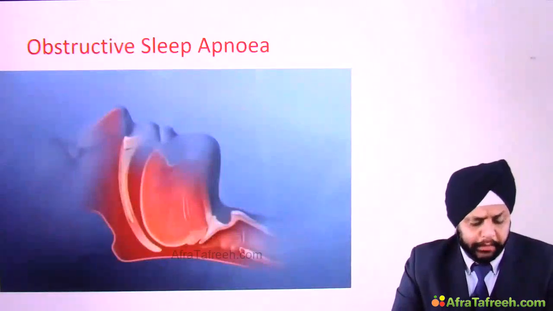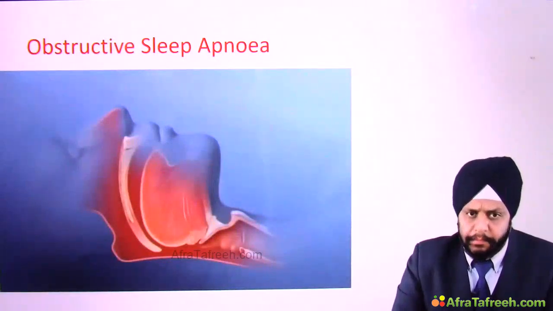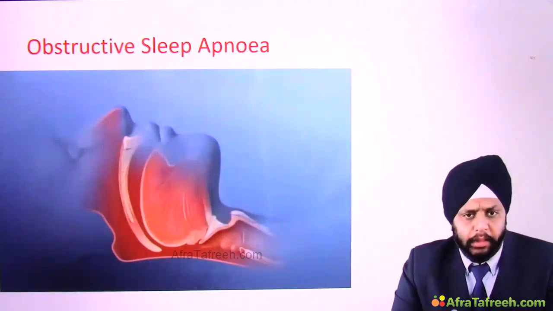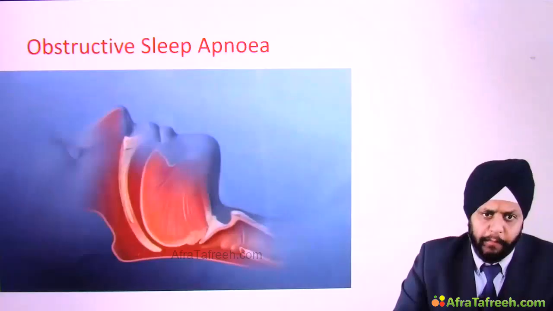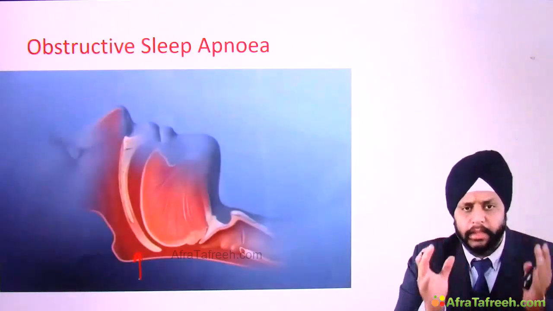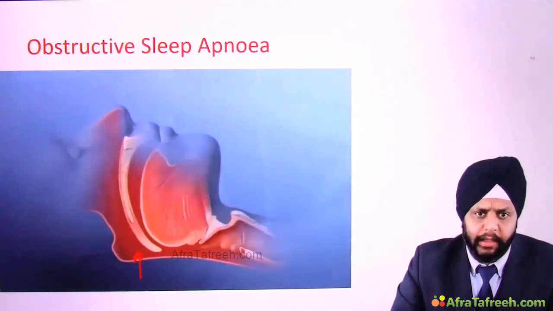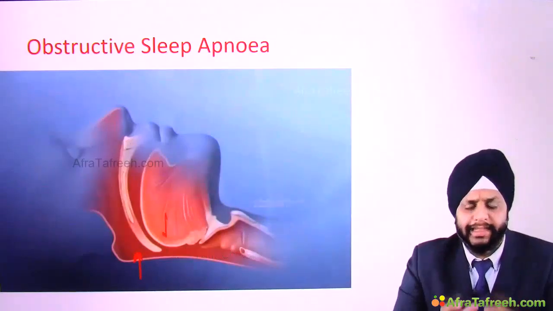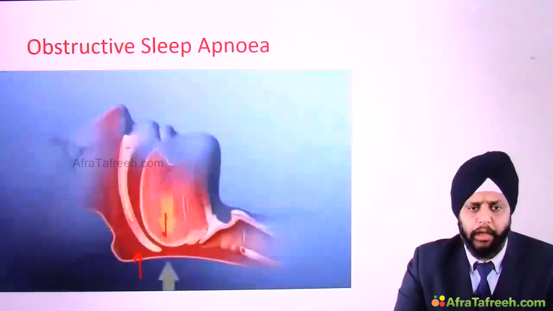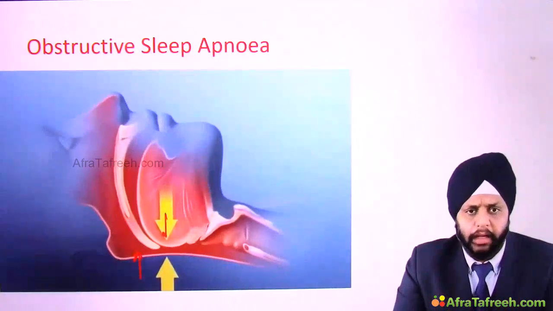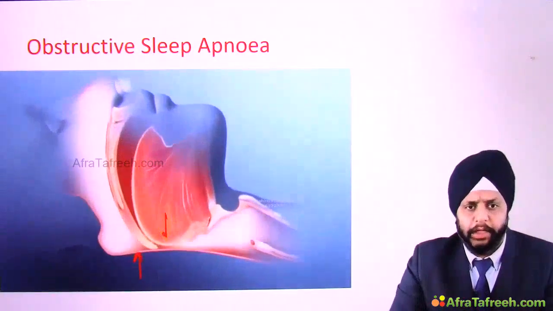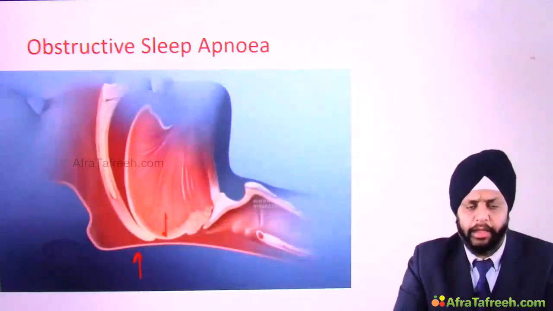So now what happens when the patient sleeps? Many a times the palate, especially the soft palate, the pharyngeal muscles around it, as well as the tongue, you see these structures, they fall, they close down, and because of the fat, obesity, different reasons, they narrow the airway.